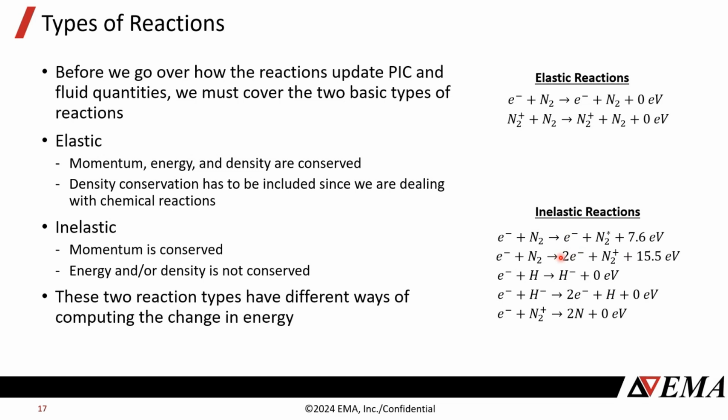The general idea behind computing the del is that you take the molecules on the right-hand side of your equation and subtract the molecules on the left-hand side, and you'll get your changes. So we can see the electron is changing by +1, N2 itself is changing by -1, and N2+ is changing by +1. Those are the del values for this reaction.